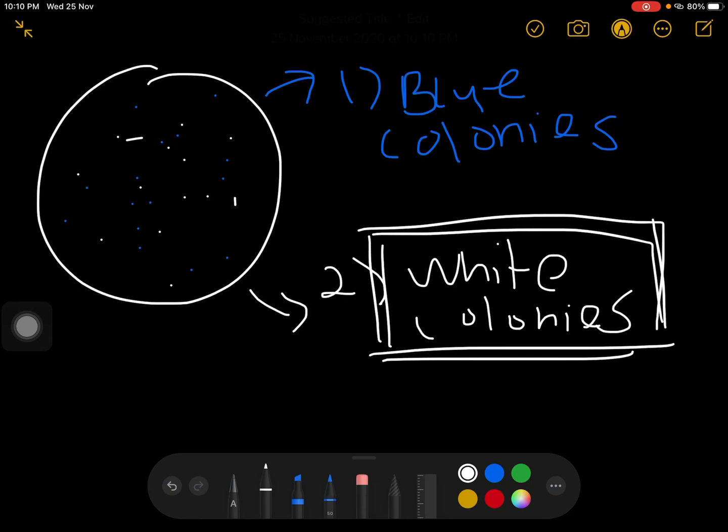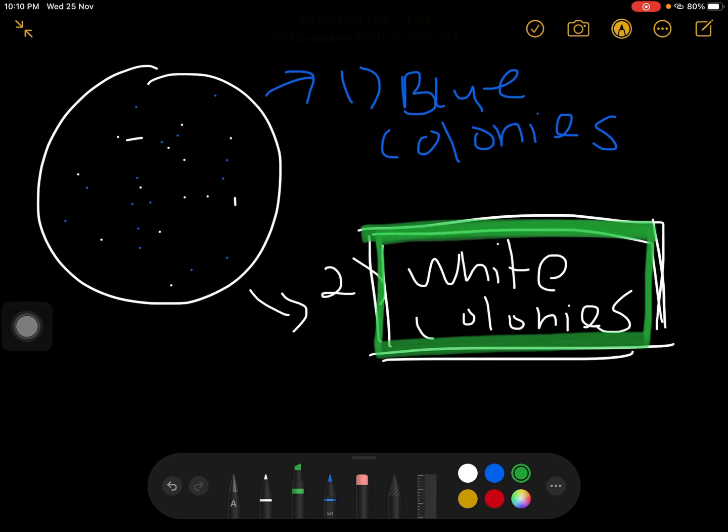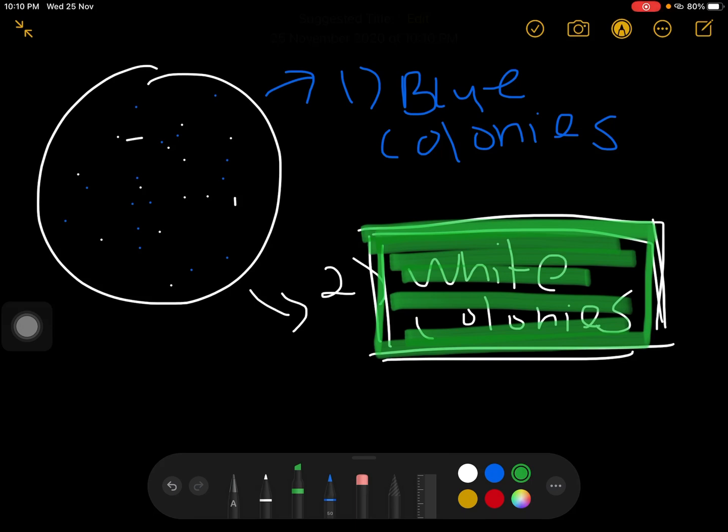So at the end of this experiment, we choose the white one, because it has the recombinant DNA. We choose it from here, the white one, like this.